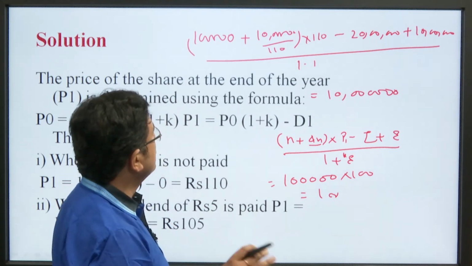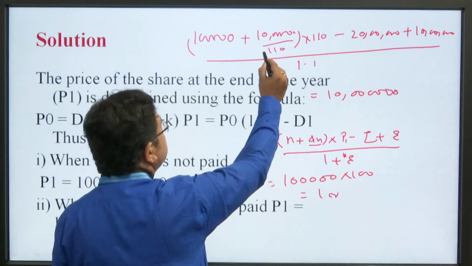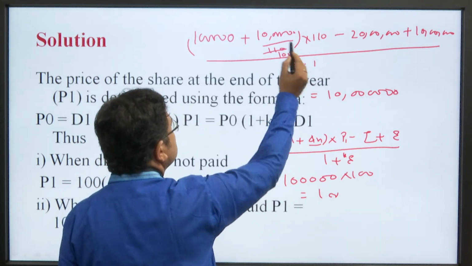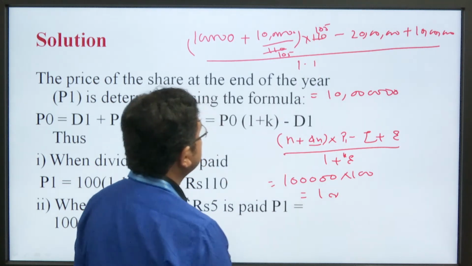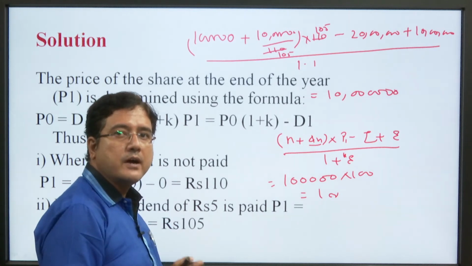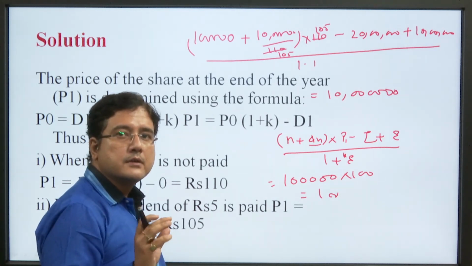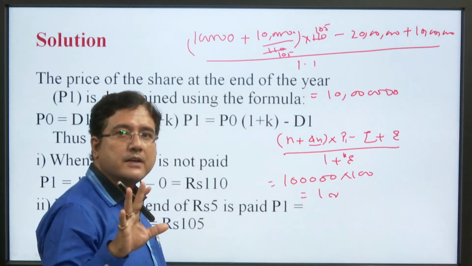Similarly, when we are going to pay the dividend, this is the value of P1, and the amount required for investment increases because we pay the dividend of ₹5.